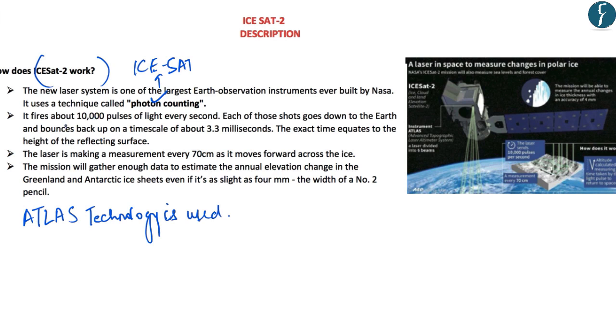Apart from this, the satellite is capable of firing 10,000 pulses of light every second, and this is helpful in estimating the height of the reflecting surface. Also, the laser system incorporated in this satellite makes a measurement of every 70 centimeters of ice as it moves forward. So finally, the most important facts we need to remember with respect to ICESat's working are the ATLAS technology and the photon counting method.